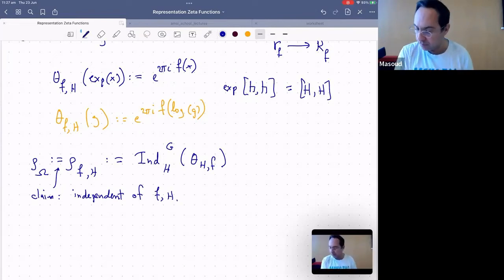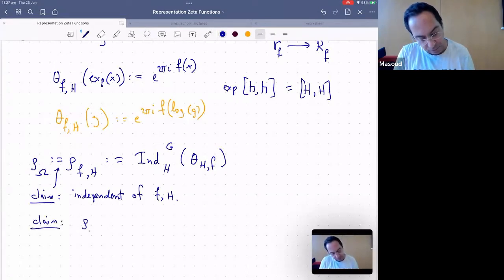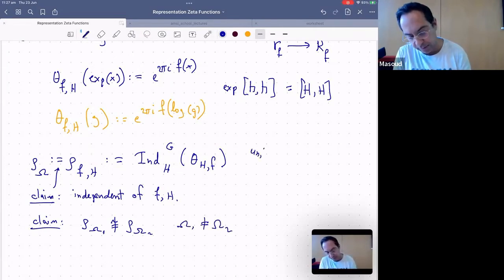So that's one claim, and then another claim is that rho omega 1 is not isomorphic to rho omega 2 if omega 1 is a different orbit. So here I should say this is a unitary irrep. So this is also a claim.